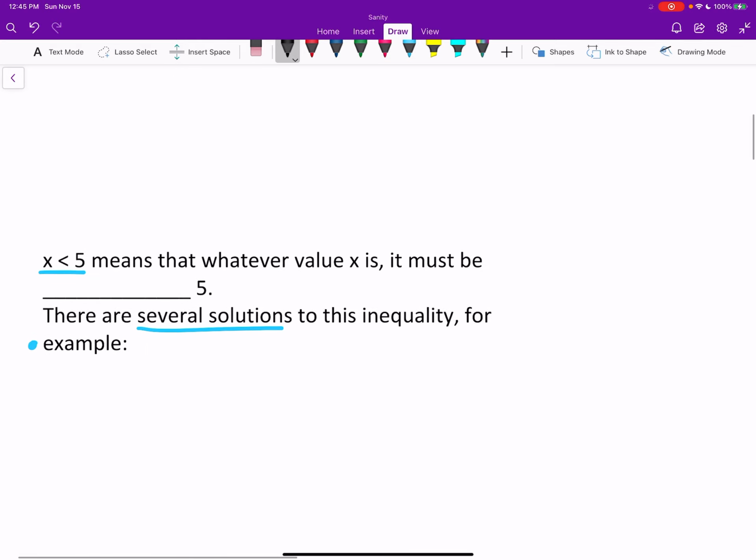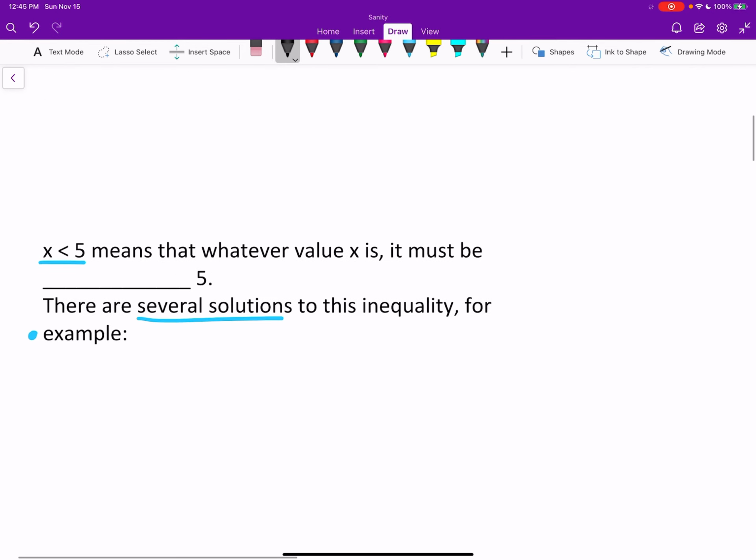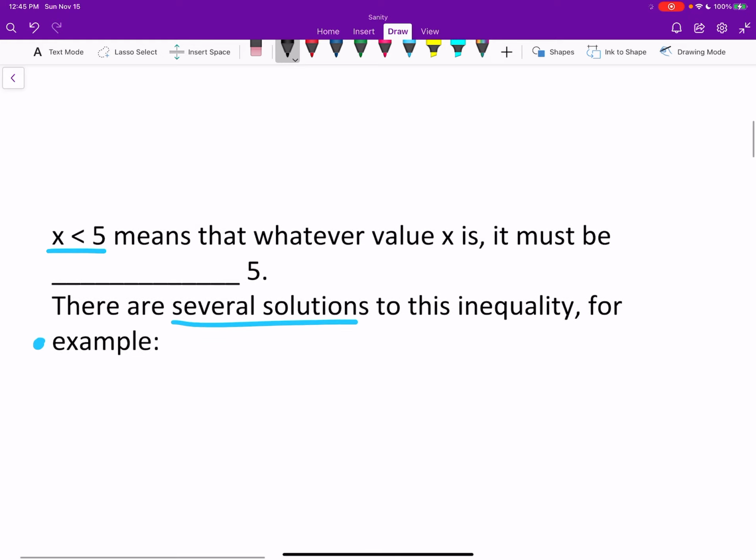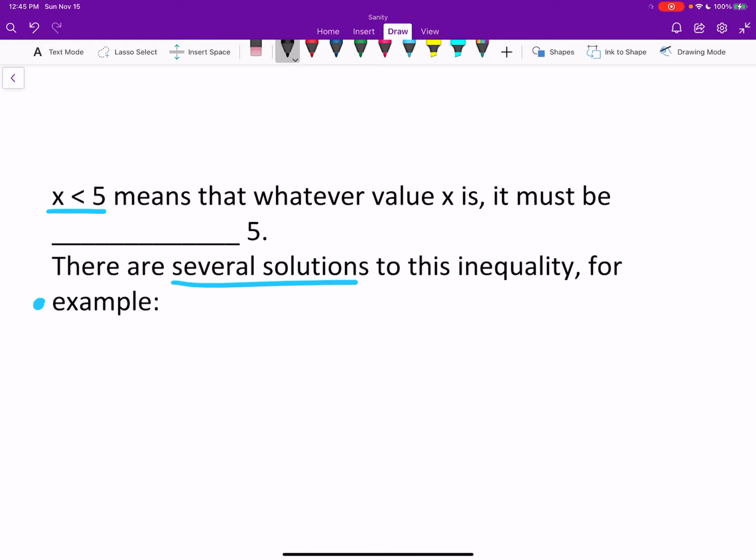Pause if you need to on those. X less than 5 here, so just a little example, means that whatever value of x is, it must be less than 5. So again, solutions to equations are just one single number.